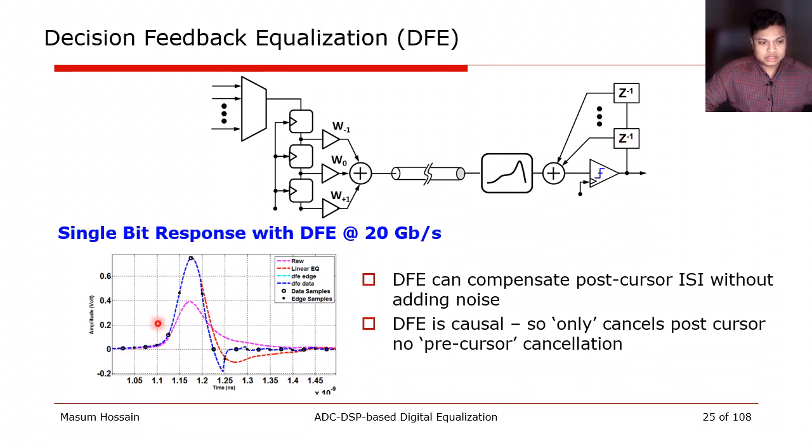For example, assume this red dotted line is showing the unequalized pulse which had significant post-cursor ISI. But after the correction, the blue one shows that all ISI components are forced to 0. Note that because it requires the decision and only then is corrected, it cannot correct any ISI that appears before that, meaning precursor.